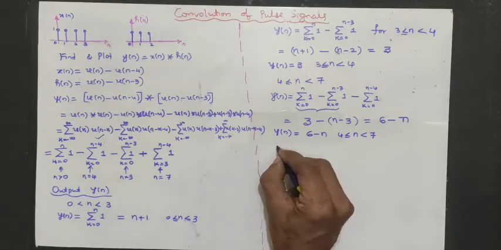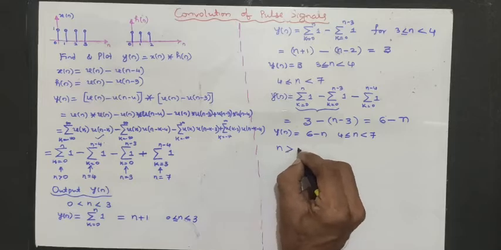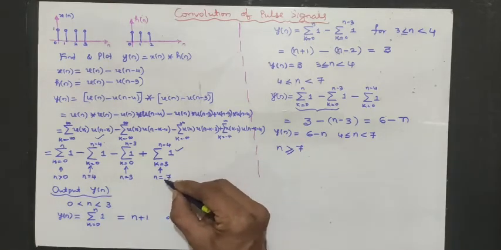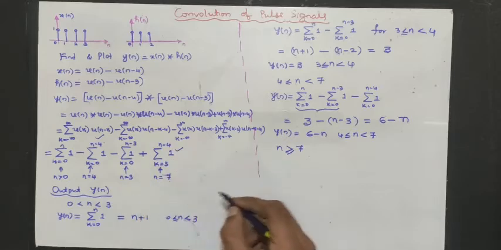Now for n greater than or equal to 7, what happens? The last term, the fourth term, also gets added. That means at n equal to 7 this term also gets added.